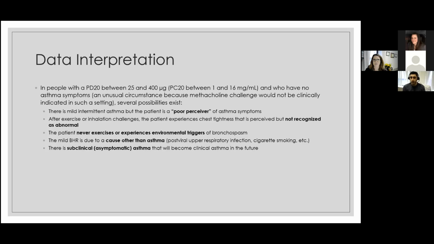After exercise or inhalation challenges, the patient experiences chest tightness that is perceived but not recognized as abnormal. The patient never exercises or experiences environmental triggers of bronchospasm. The mild bronchohyperreactivity is due to a cause other than asthma, things like post-viral upper respiratory infection, cigarette smoking, or there's a subclinical or asymptomatic asthma that will become clinically apparent in the future.